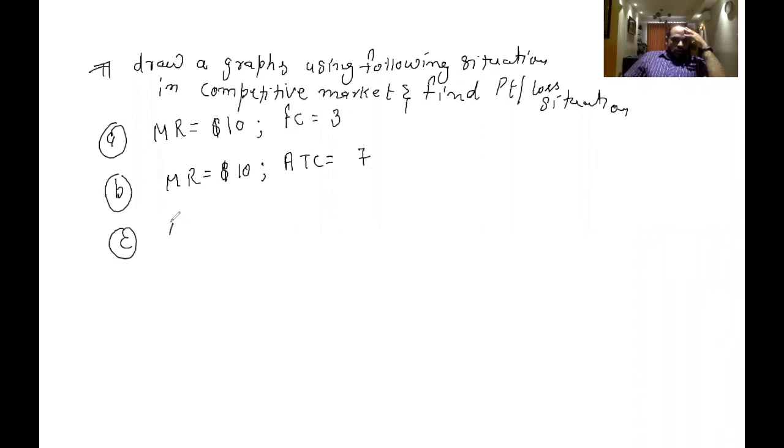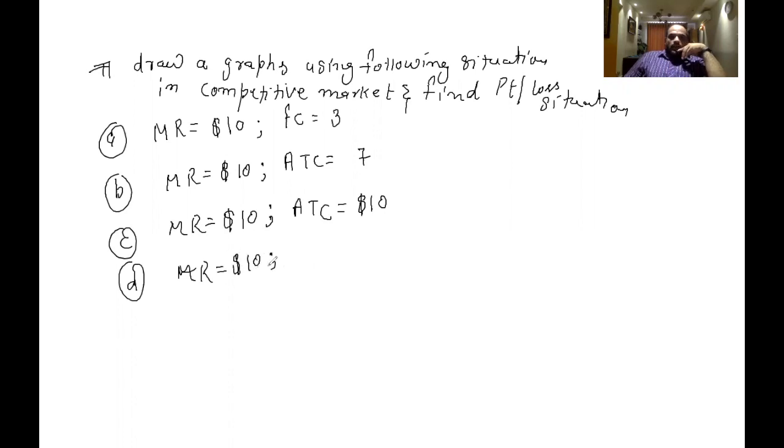C, marginal revenue is 10 and average total cost equals 10. Now D, marginal revenue equals 10 and average total cost is 12.